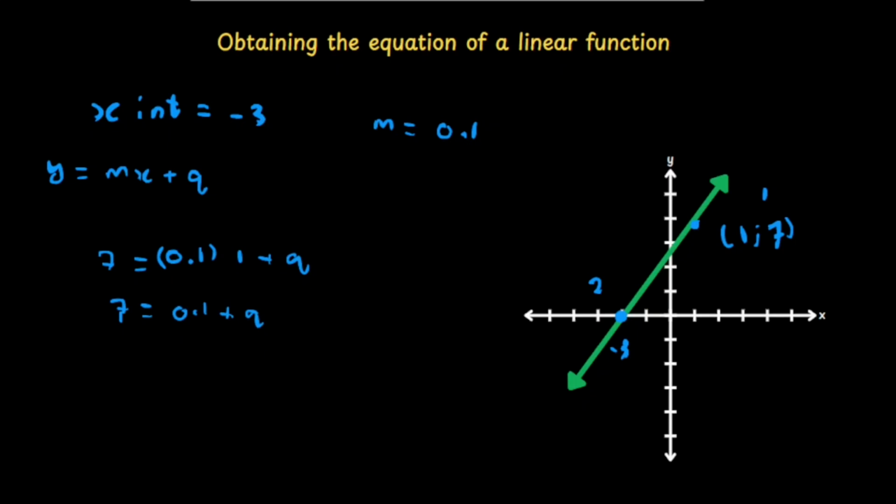And the way I'm going to do that is I'm going to take any whole number that is on the right hand side and I'm going to move it to the left. And by basic manipulation, that becomes 7 minus 0.1 is equal to q. And hence my q value is now 6.9.